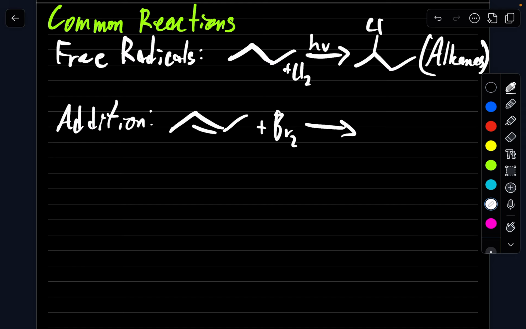They add the halogen where the double bond was. So the bromine substituents would be added here, and it would get rid of the double bond. And another one would look like this.